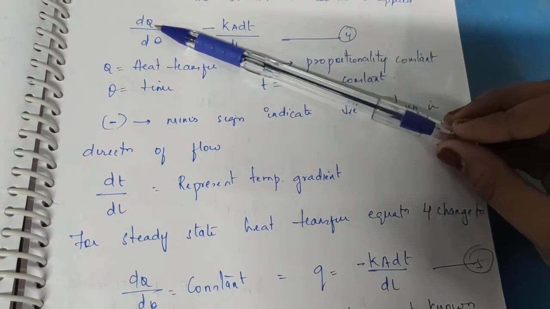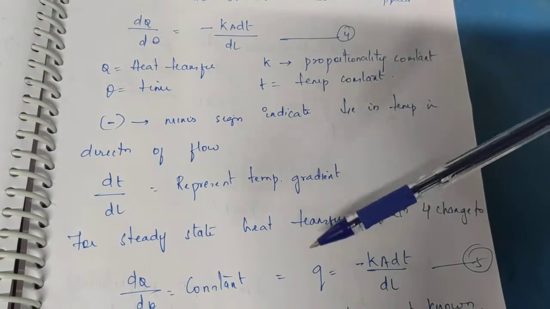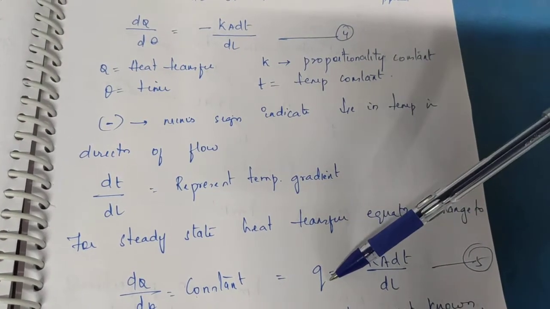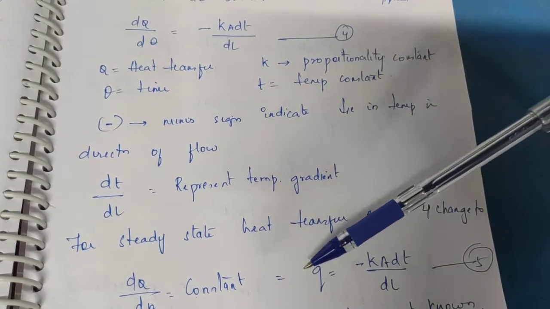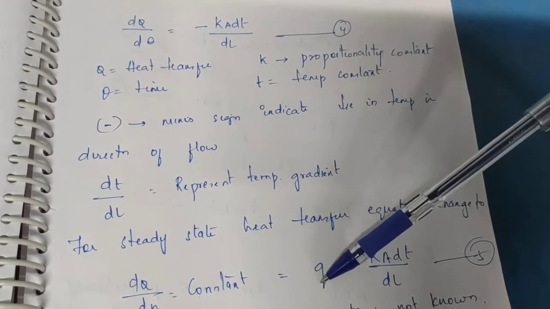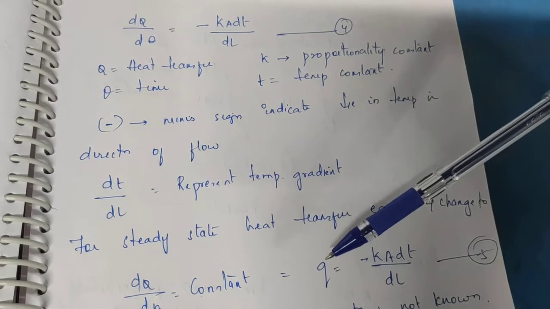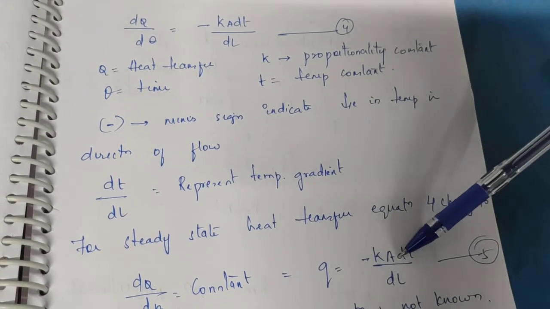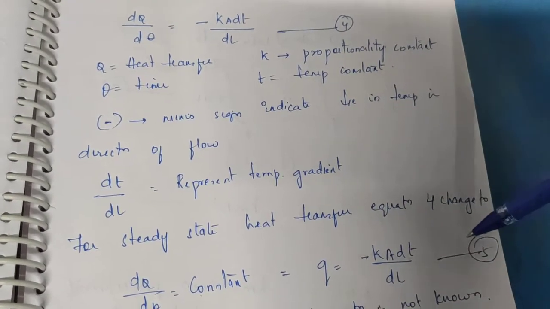In place of dQ by d eta we are writing Q. Why? Because it is discussed in a steady state. The metal wall is in a steady state form, so we are introducing Q here. Q is equal to minus kA dT by dL. It is equation number 5.